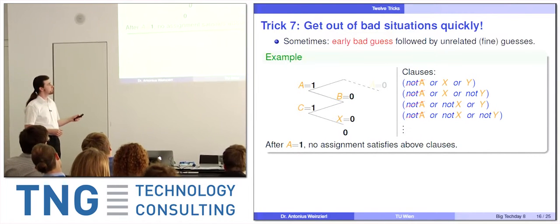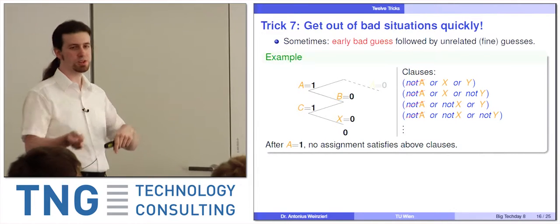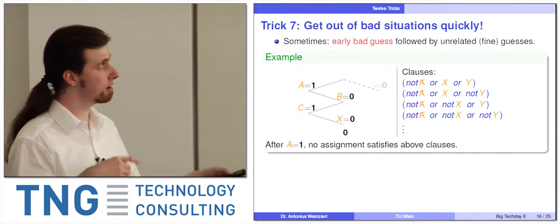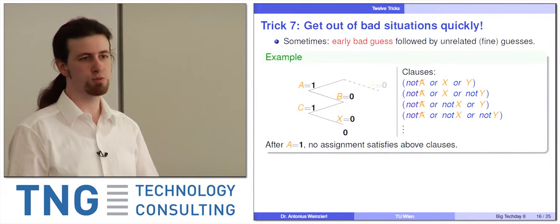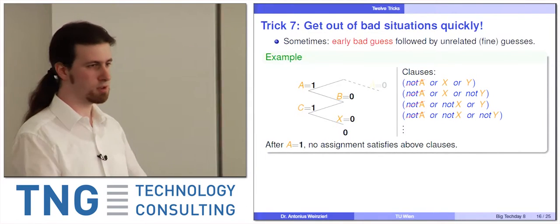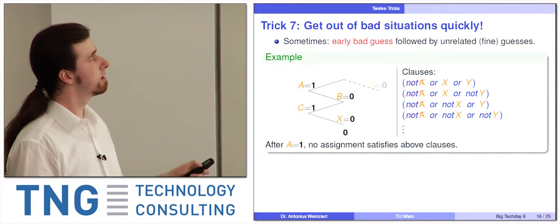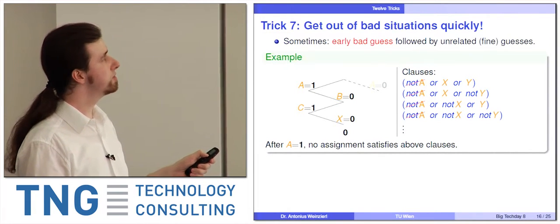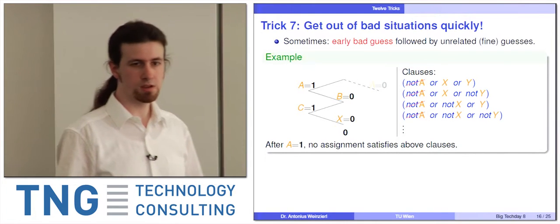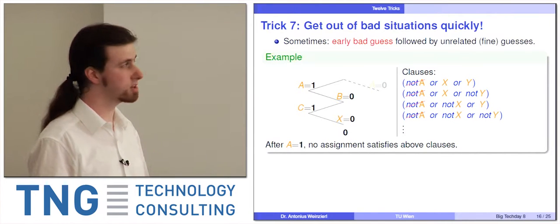But you may see there are all possible combinations of X and Y. So for every combination of X and Y that we will later on find, there is one clause which is violated. So if we go back a step, then we actually see, okay, the assignment for B, the assignment for C doesn't matter. It is the assignment for A which is the wrong one and which makes us fail.